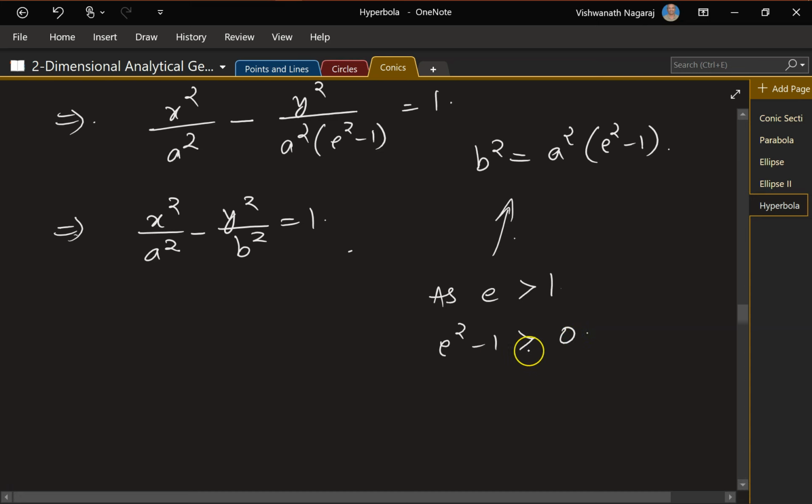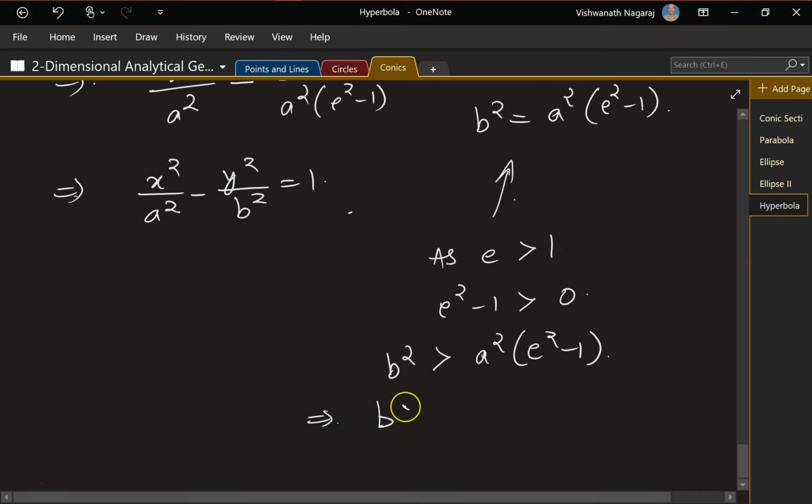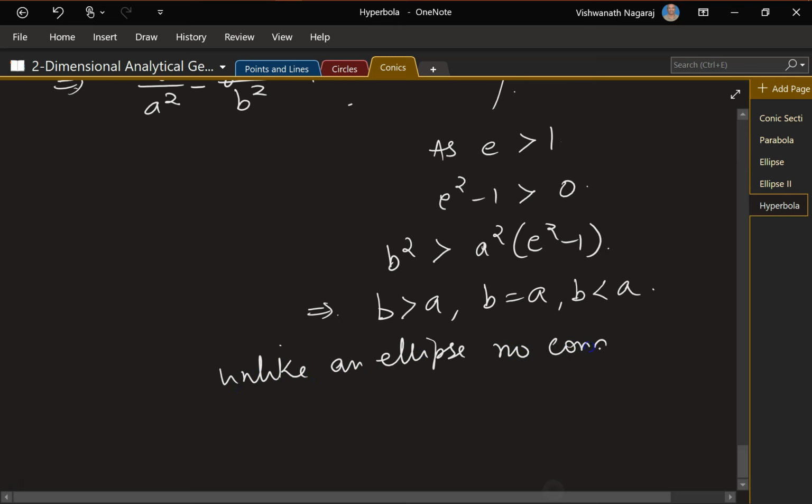So since e square minus 1 is greater than 0, b square would be greater than 0, and this is possible basically when b is greater than a, or b is equal to a, or b is less than a. So which basically means that unlike an ellipse, there is no condition with respect to a and b in a hyperbola.